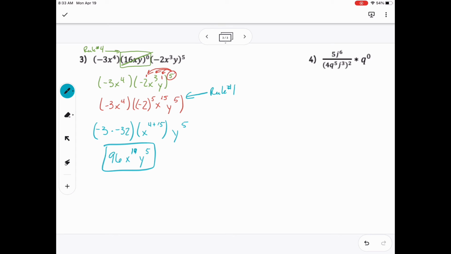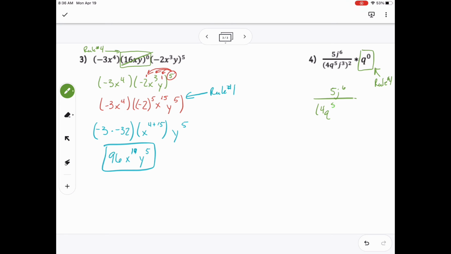Okay. Number 4 here, I see that q is to the 0 power here, so that's 1. So I get canceled out using rule number 4 as well. And then from there, I rewrite the rest of my stuff. And then I notice that there's a square in the denominator.